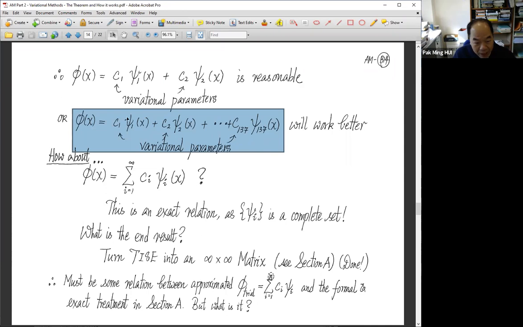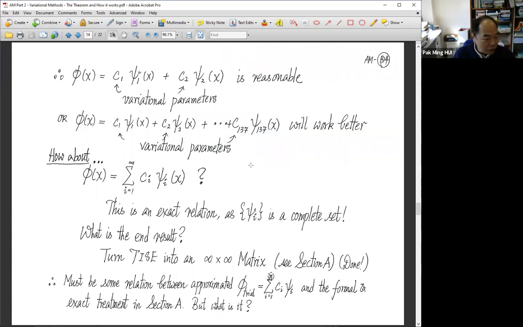Therefore, you have many variational parameters, okay? So last time, a student asked whether we can have a trial wave function with more than one variational parameter. Yes, indeed. So here you see many, okay? And even more ambitious.